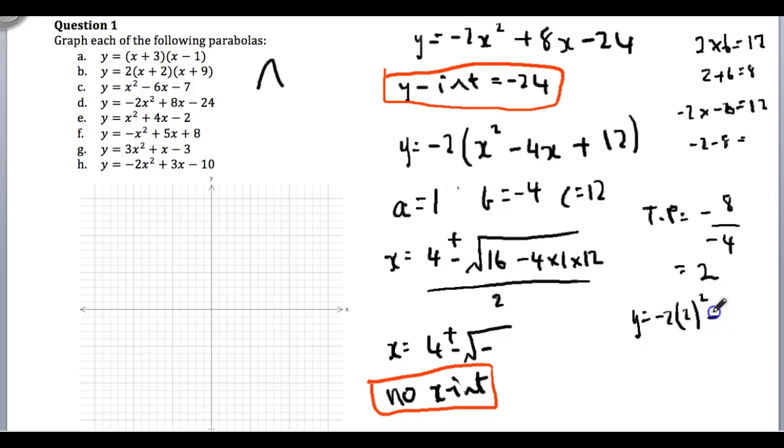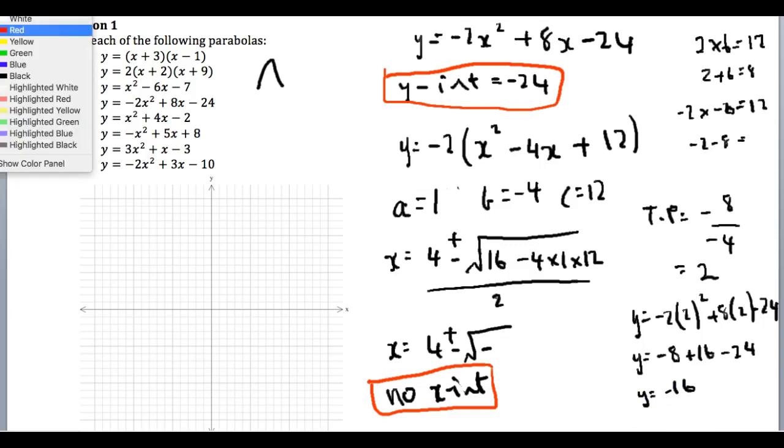Sorry, I'm just thinking as I'm doing this. Minus 24. 4, -8, 16, minus 24. So what do we have here? 8 minus 24, so we have -16. Okay, so there's our turning point.